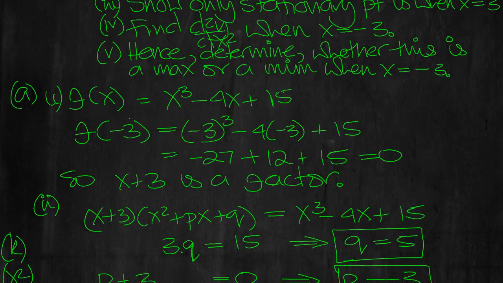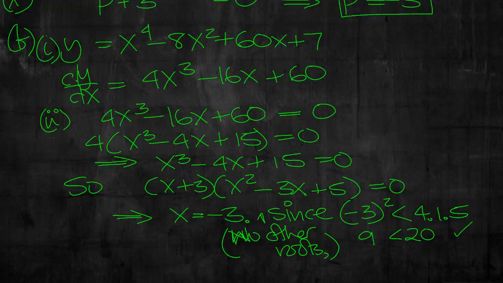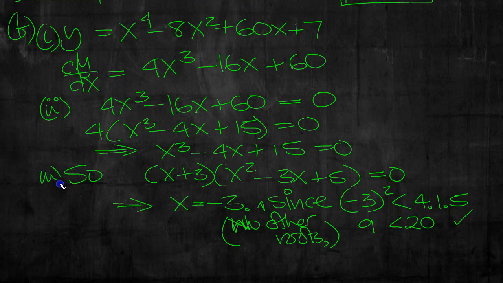Part 3, find d2y by dx squared when x equals minus 3.